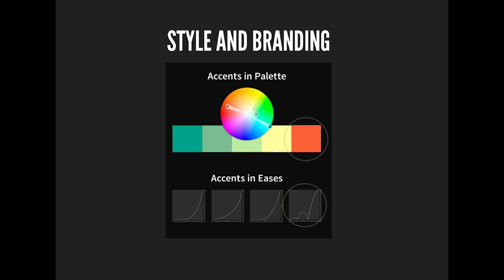So like accents and palette, like when we were talking about those calls to action that are really important. Your entire site is green, and then you have these really big, bright red CTAs so that people know, okay, I really want to click there, and then you can make all the conversion and make all the monies. So the same applies to accents too. We've got a lot of sine eases here, and the only time I'm going to use a bounce is when I'm letting you know that something big just happened.